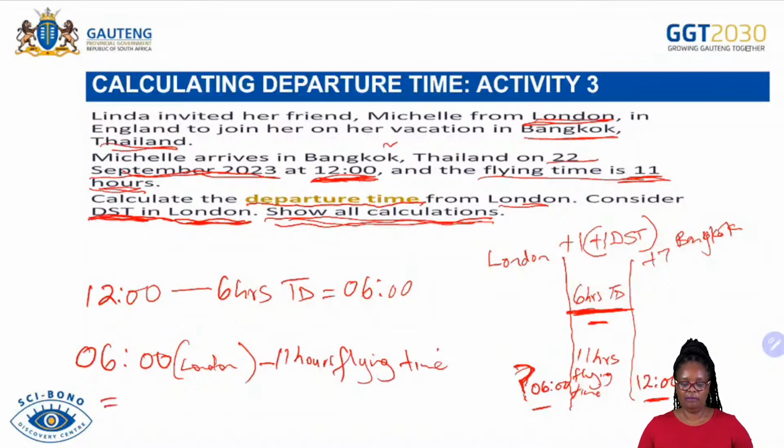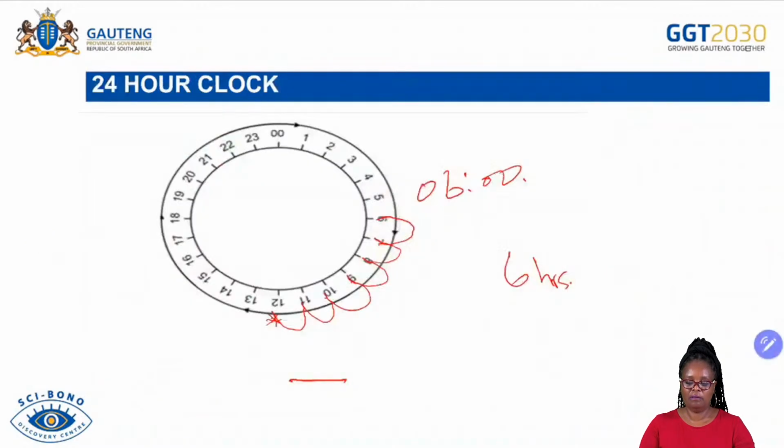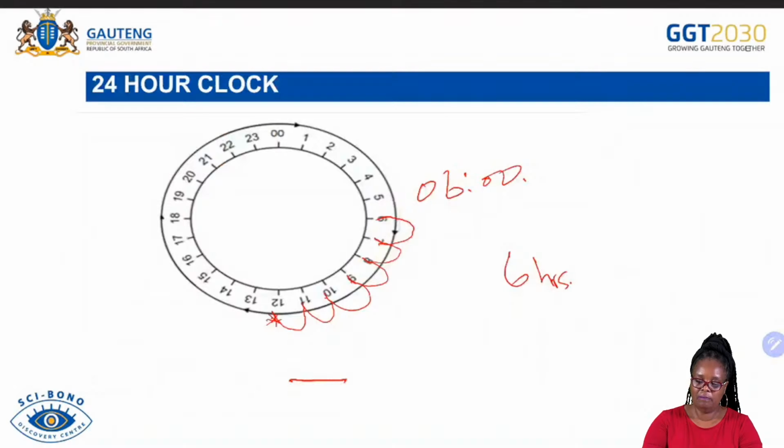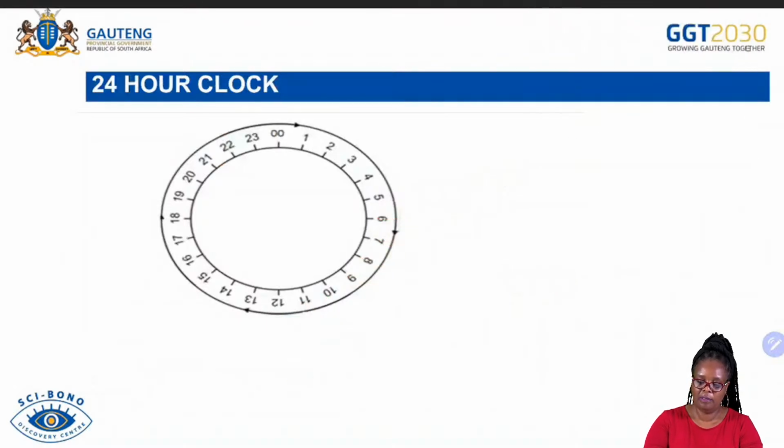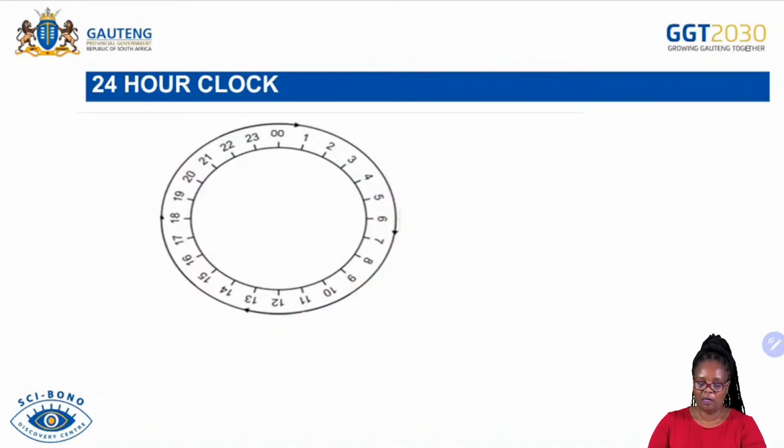No calculator. We don't use the calculator. We have to go to our clock. Let's minus from our clock. Here we are in our clock.